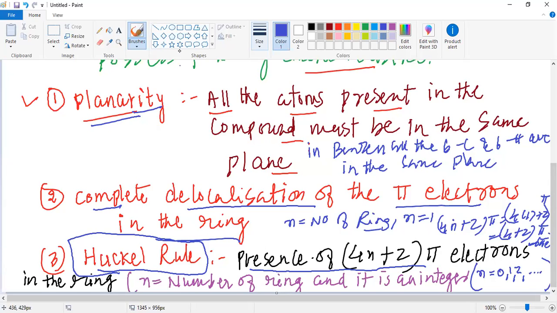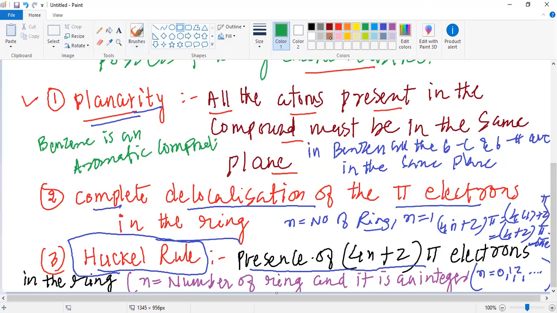Please remember that we can easily say that benzene is an aromatic compound. How do we say that benzene is an aromatic compound?